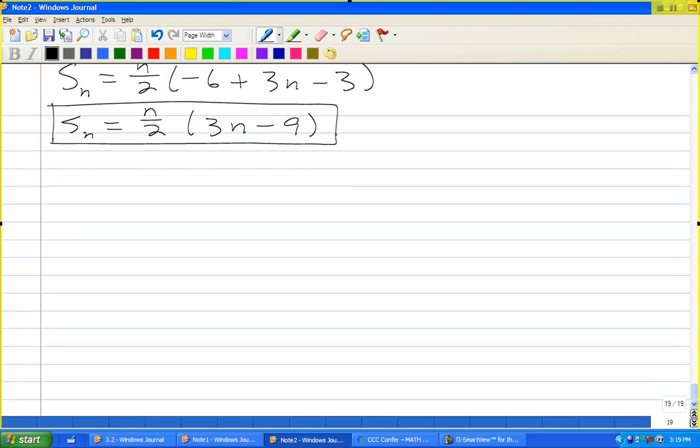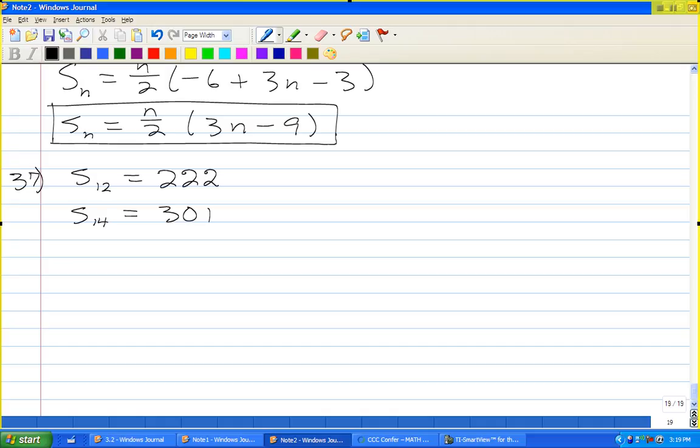37. S sub 12 is 222. S sub 14 is 301. In exercises 37 through 40, find a formula for S sub n, the sum of the first n terms of an arithmetic series using the given information.